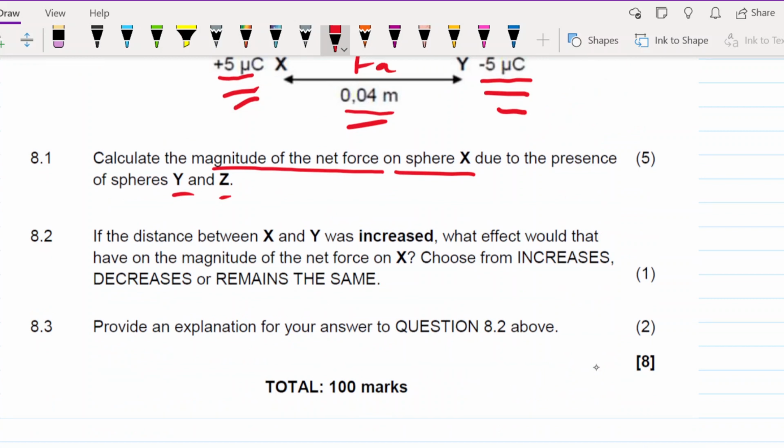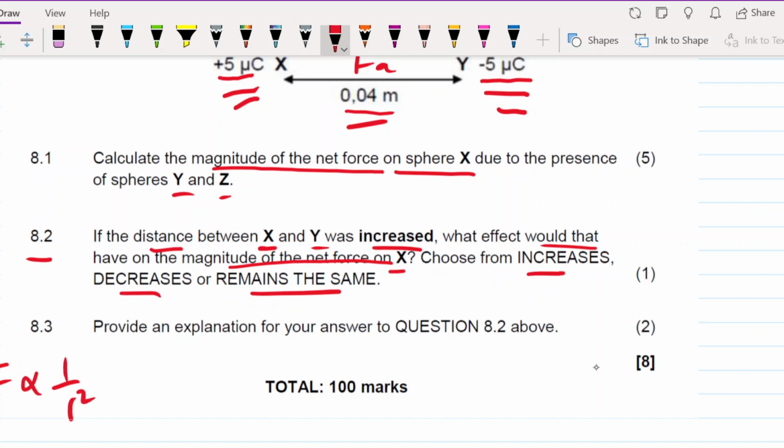So let's check now the second last question, 8.2. If the distance between X and Y was increased, what effect would that have on the magnitude of the net force on X? Choose increase, decrease, remain the same. Now, remember the relationship between the force and the distance is inversely proportional.